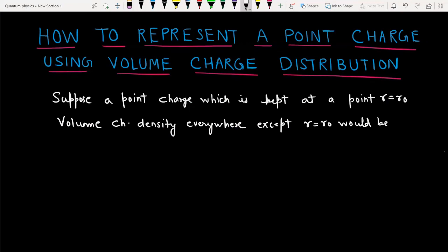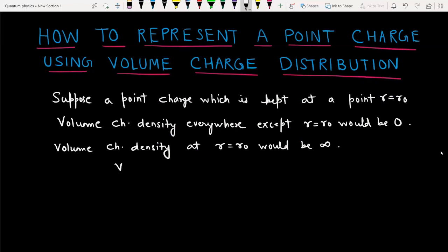And what would be the volume charge density at the point r is equal to r naught? The volume charge density at r is equal to r naught would be infinity. Why? Obviously, the formula for volume charge density is charge per unit volume.